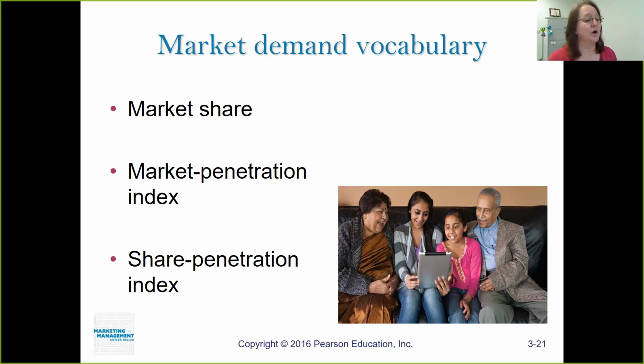A low market penetration index means that there is potential growth for all firms. The share penetration index is what is your percentage in that market. And then a comparison between market penetration and share penetration would allow you to forecast how big could you grow.